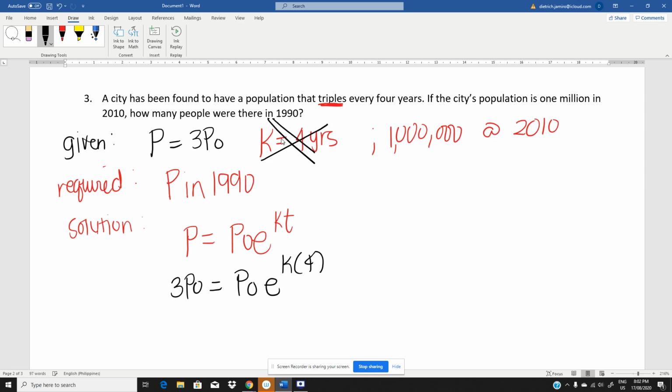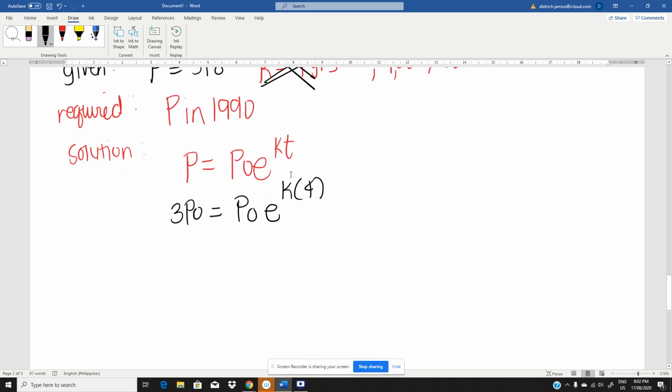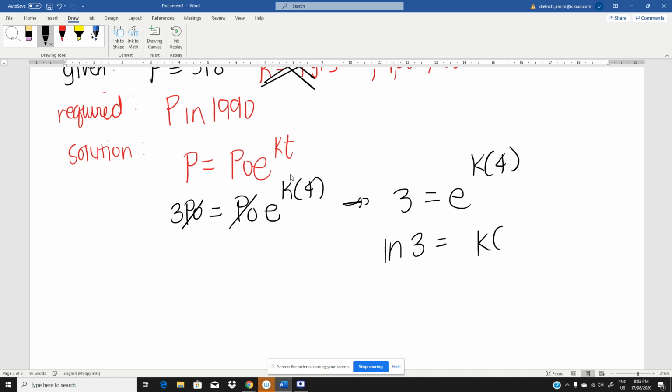So substituting our given, P sub O will cancel out, and we will have 3 is equal to exponential of K multiplied by 4. Then taking the ln of both sides, we will have ln of 3 is equal to K multiplied by 4.